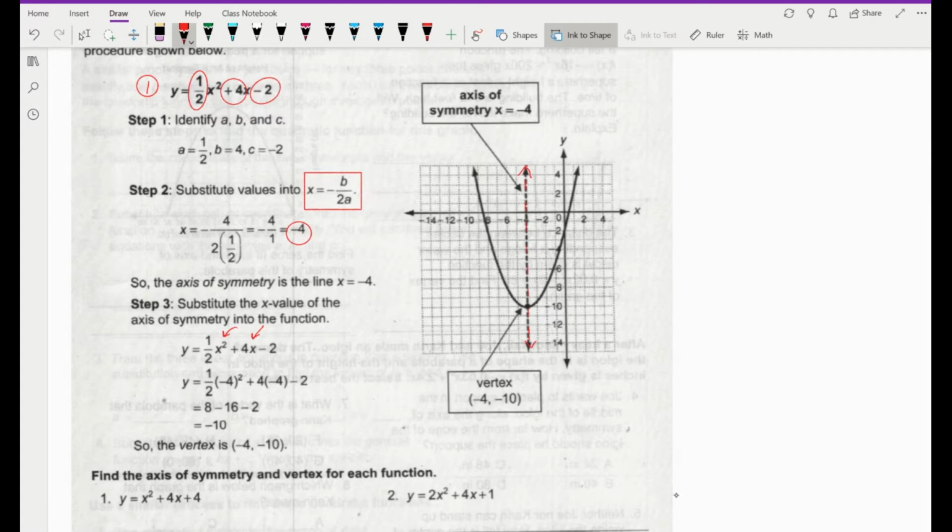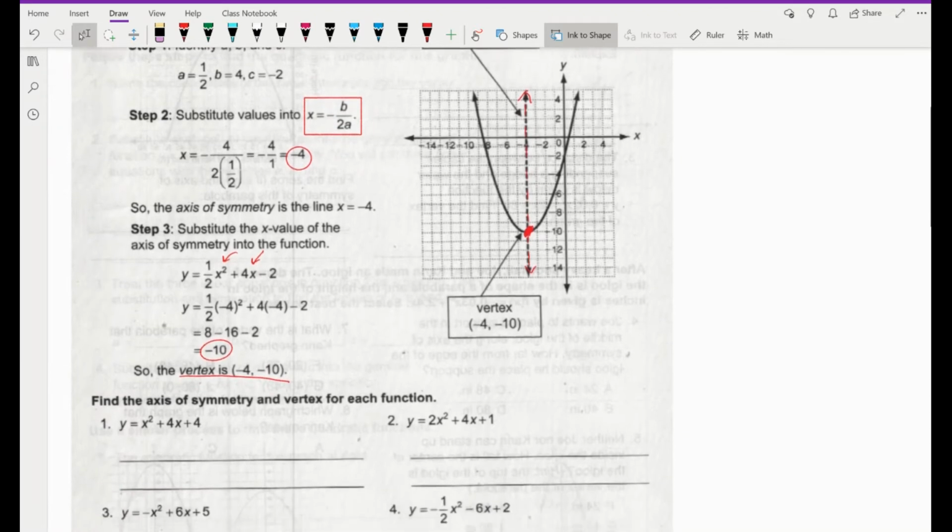They got a value of negative 10. So the vertex is negative 4, negative 10, which is the point right here on the parabola. And that is the vertex. To do any more graphing, we'd actually have to plug in a table of values, but for this assignment, we don't need to do all that extra work.